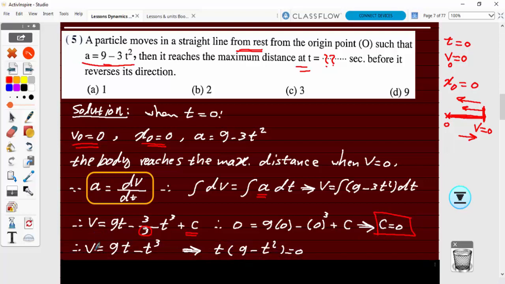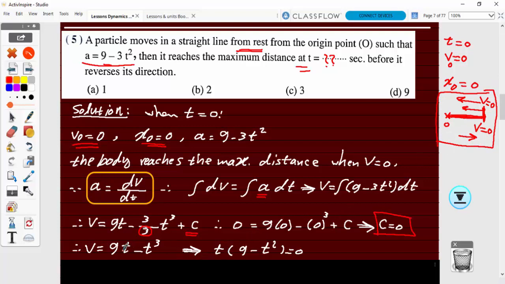Now, v equals 9t minus t power 3. So we must put v equals 0. Once more, don't forget this figure.